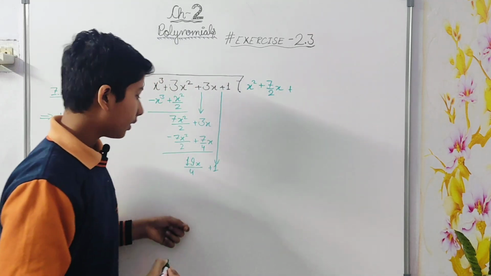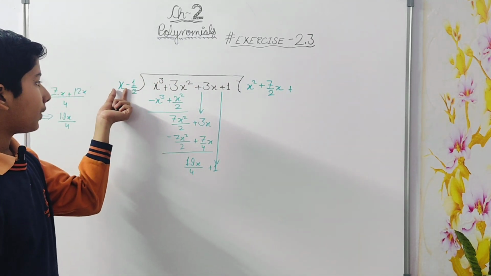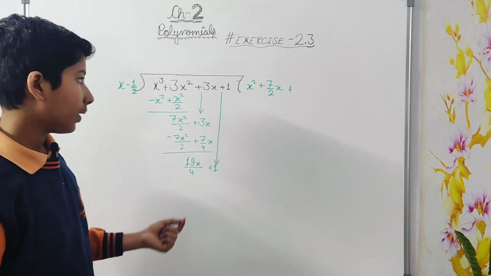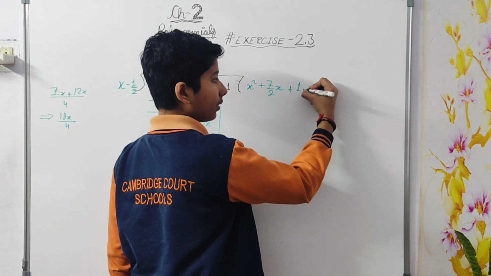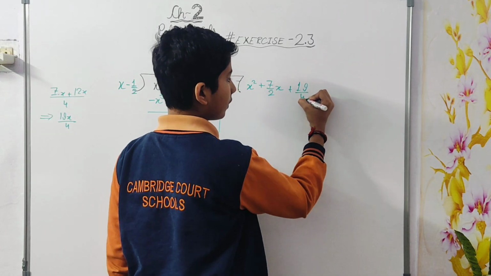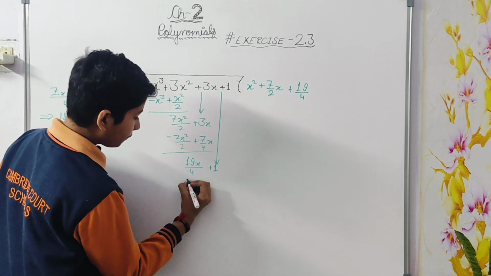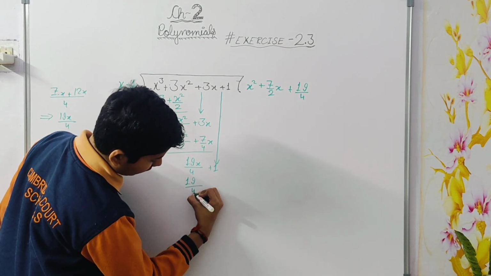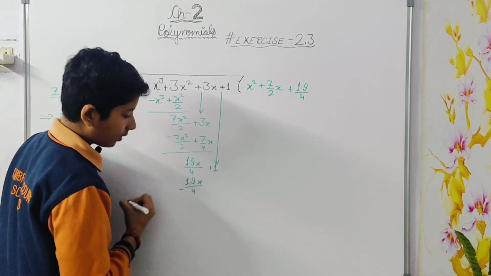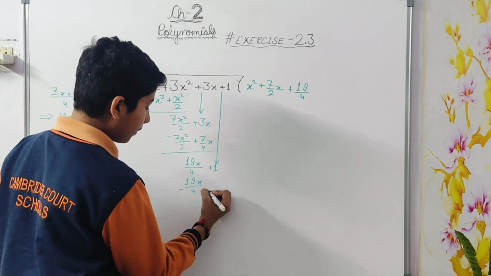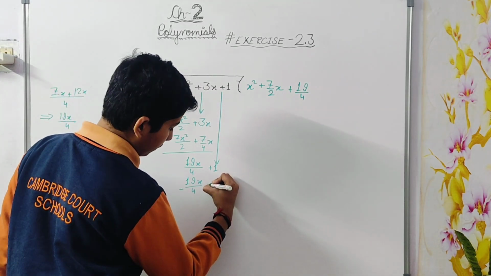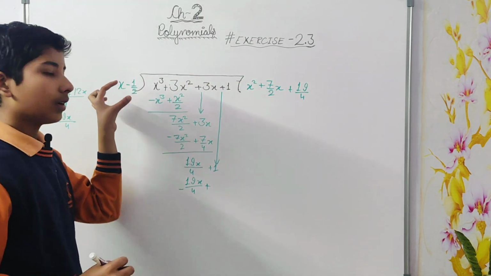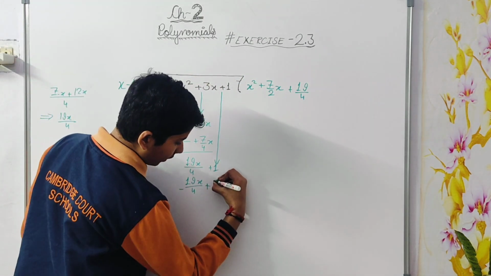What will we require to multiply by x so that this comes? We'll require 19 by 4. Now 19 by 4 x will come, and here positive, because this is negative. So 19 by 4 multiplied by half is 19 by 8.